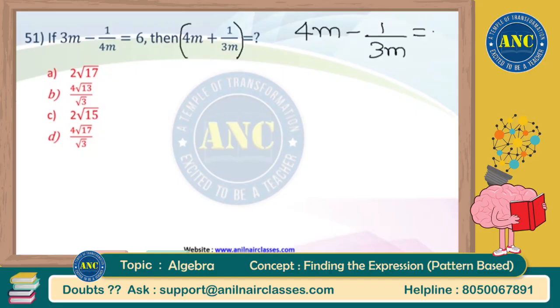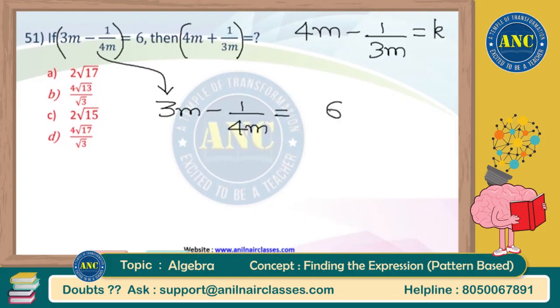If I know the value of 4m minus 1 by 3m as some constant k, then finding 4m plus 1 by 3m is never a difficult task. But the question does not give 4m minus 1 by 3m, it gives 3m minus 1 by 4m as 6, while what we actually require is the value of 4m minus 1 by 3m.